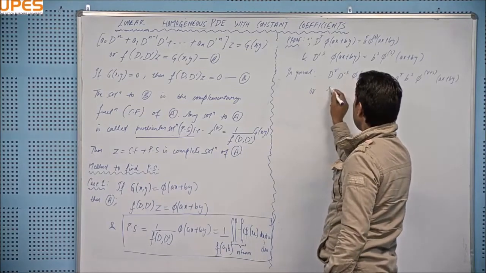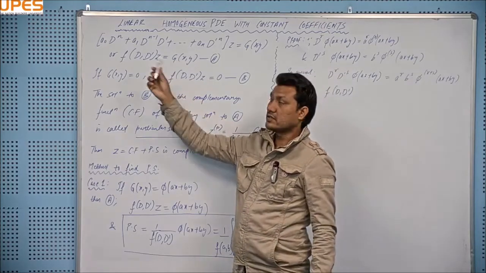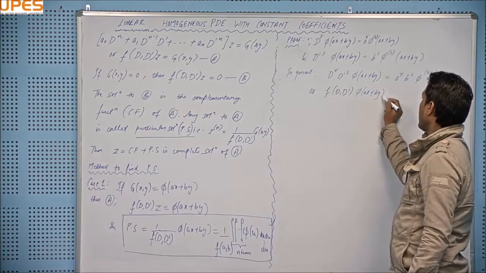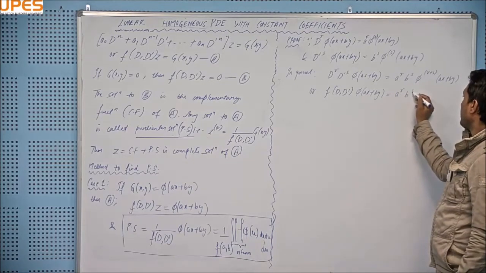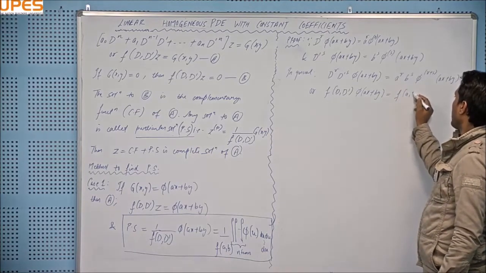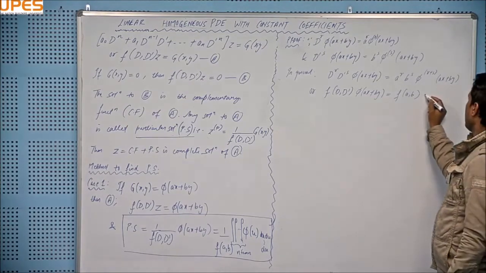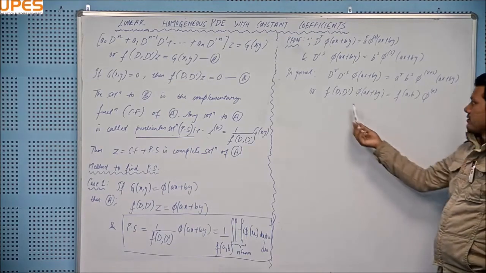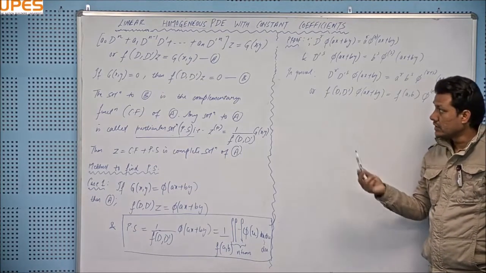So we can write it as f(D, D'), because this is my operator. f(D, D') of phi(ax + by) is equal to f(a, b), because D and D' are replaced by a and b, and phi to the power n. n means, because our operator is of order n, it is an operator corresponding to the nth order PDE.